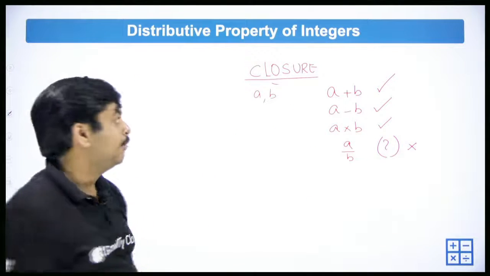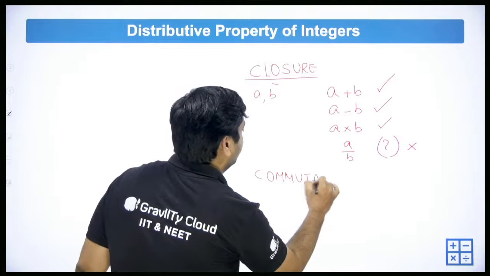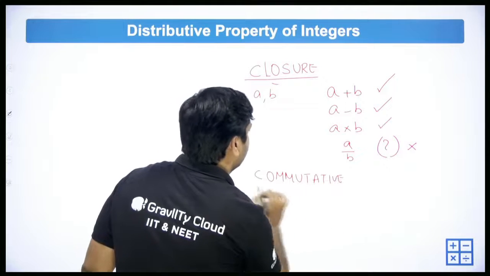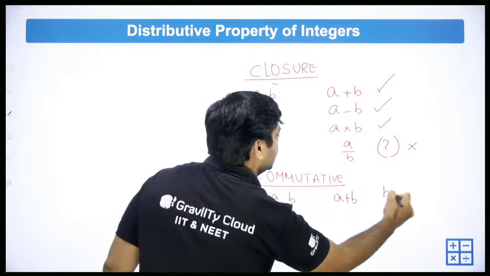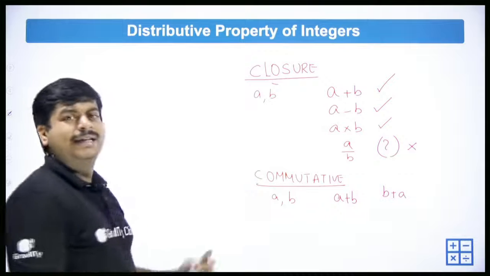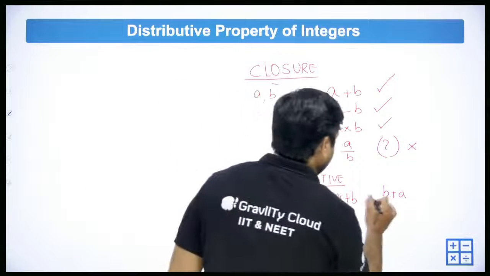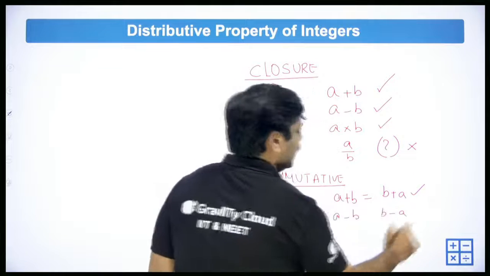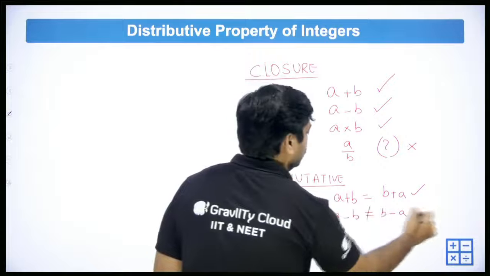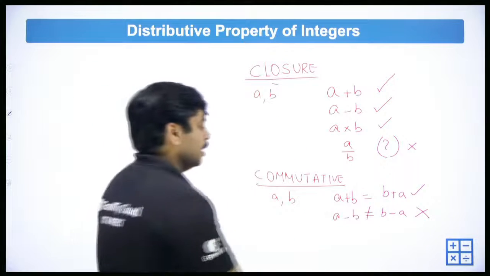The same way we discussed the commutative property. Do you remember what commutative is? When we have two integers A and B, A plus B and B plus A, are these two equal? Yes, in addition you can add in any order; order does not matter. A minus B and B minus A are not the same, so subtraction is not commutative.